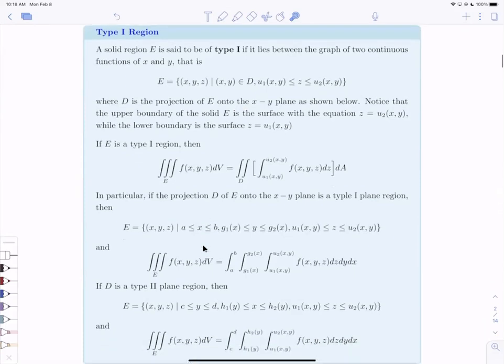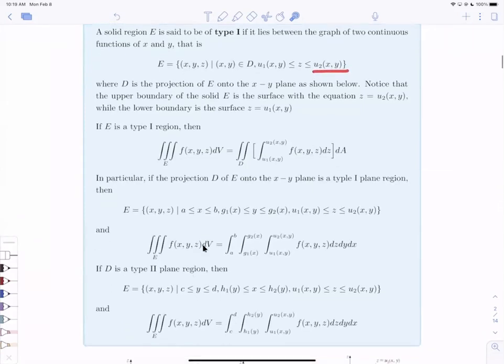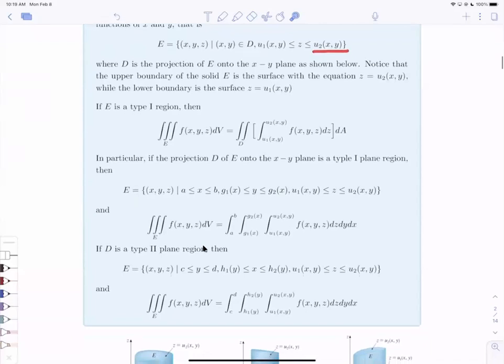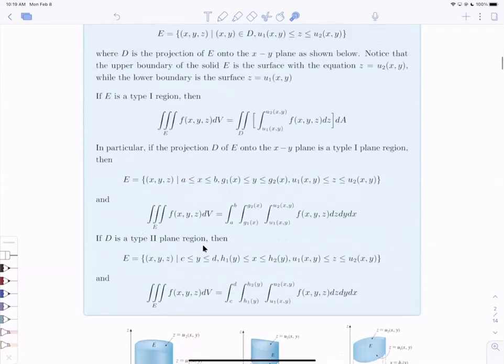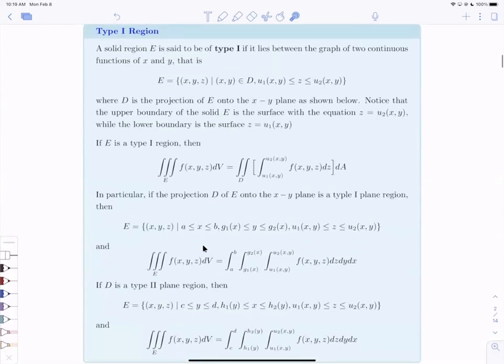I'll show you the graph in a second. And your z is between u1(x,y) and u2(x,y). Those are the lower and upper boundary surfaces. You can see that D is the projection onto the xy plane, the upper bound is u2 and the lower bound is u1. u2 and u1 are functions of x and y. So that's a type 1 solid region.